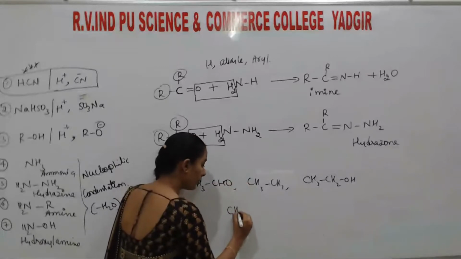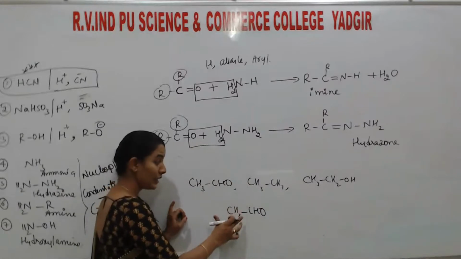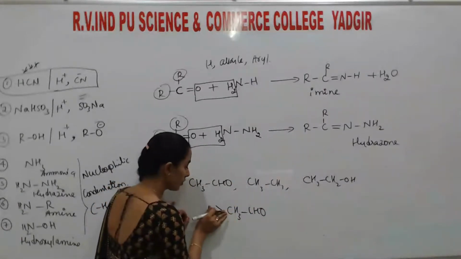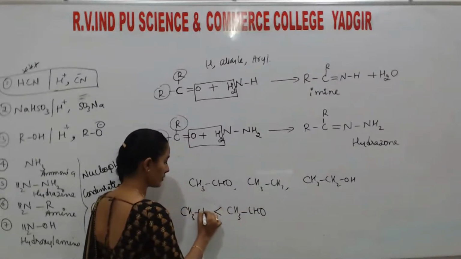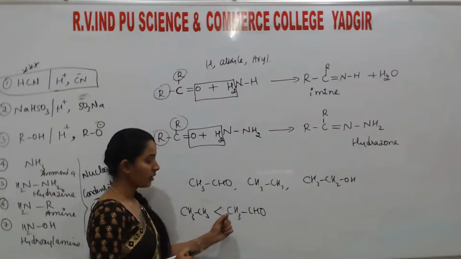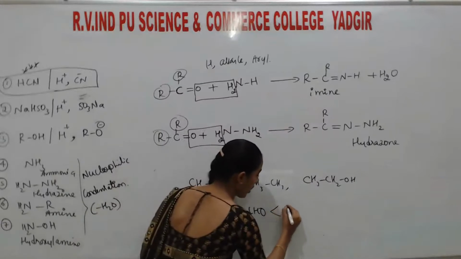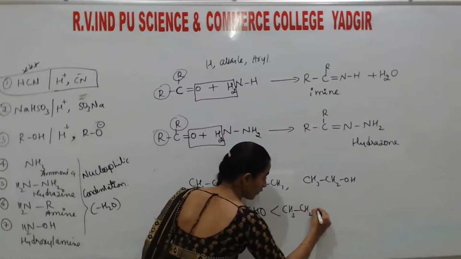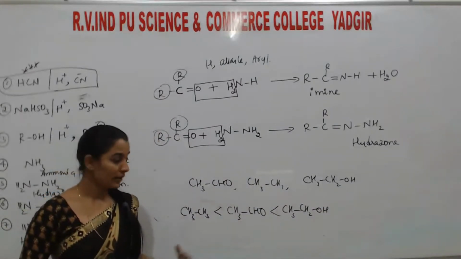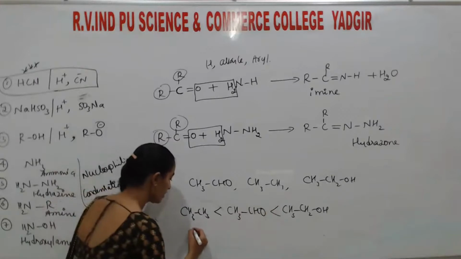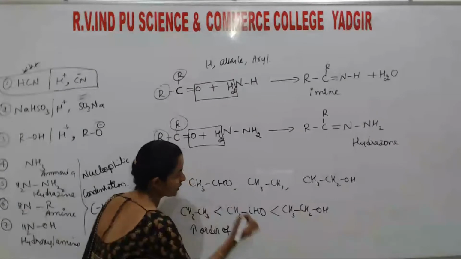Okay, so here if you want to check the boiling point, listen, this is an alkane. The boiling point of aldehydes or ketones, here I am taking aldehyde, is greater than that of hydrocarbons. Compared to hydrocarbons, the boiling point of aldehydes and ketones is more, but compared to alcohols of comparable masses, the boiling point and melting point is less. This is very important. This is the increasing order of boiling point.